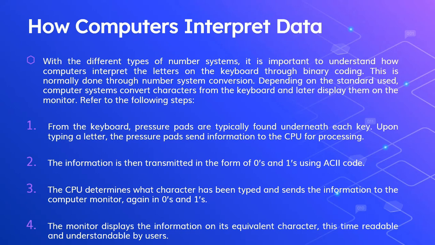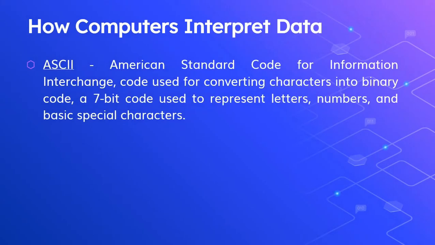process information. So, yeah. ASCII, or the American Standard Code for Information Interchange. It is a code used for converting characters into binary code, a 7-bit code used to represent letters, numbers, and basic special characters.